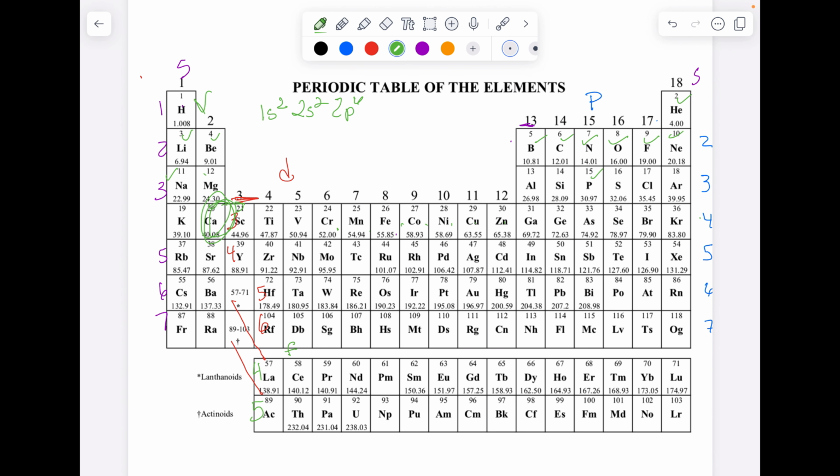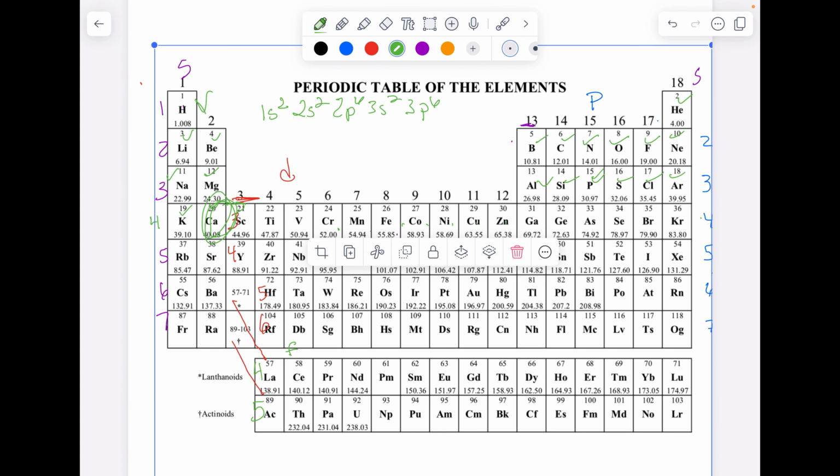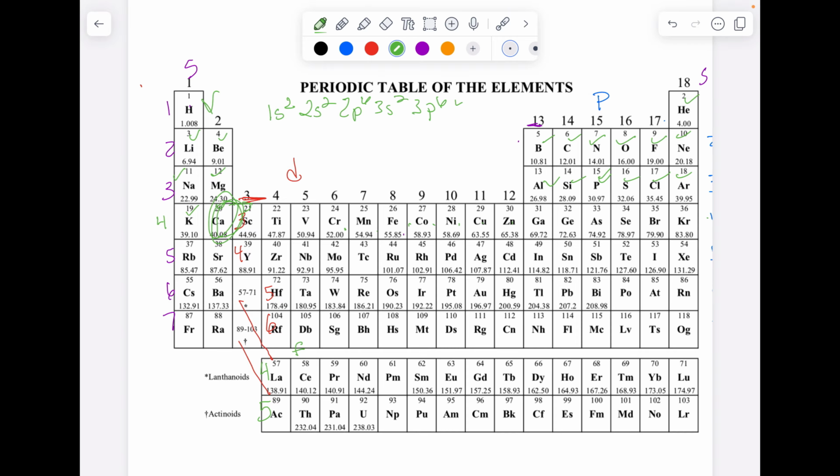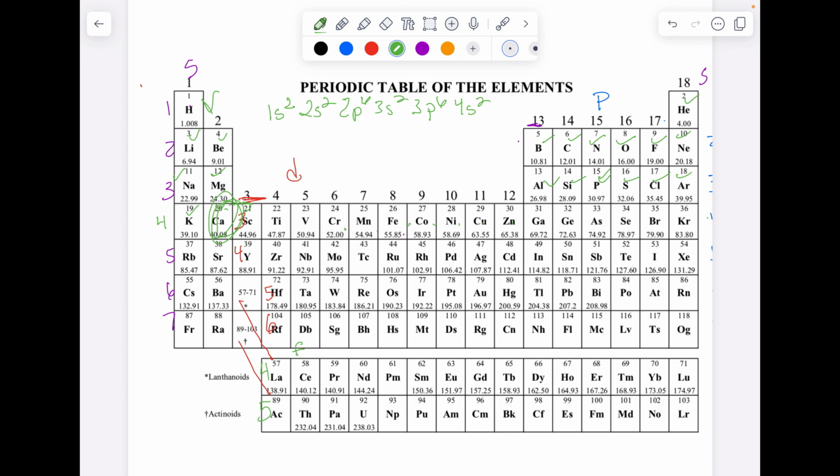And then I have my 3s block, and I have 2 of those. And then on my 3p block, I have 6. And now I have my 4s block, and I get 2 for calcium, 4s2. So I stop here, and there are 2 in the s block.